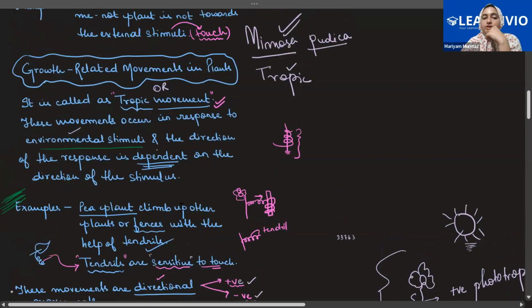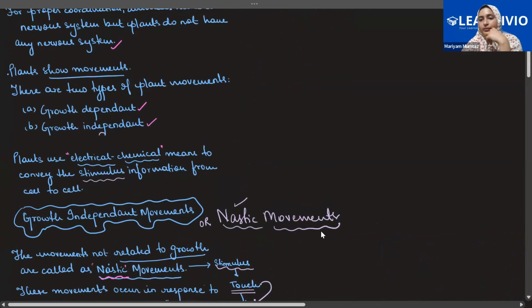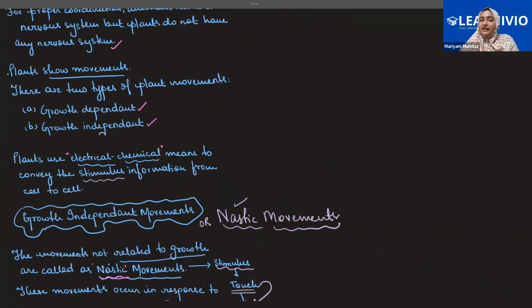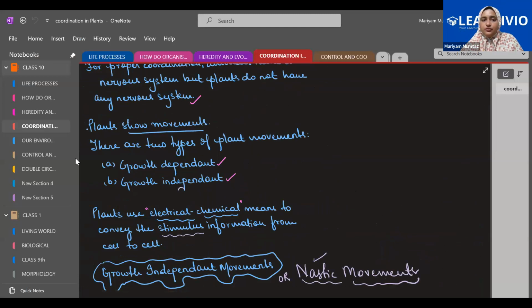Let's do the revision of life processes. We'll do the revision for life processes. Does anyone have any doubts in the control and coordination part? Yes or no?